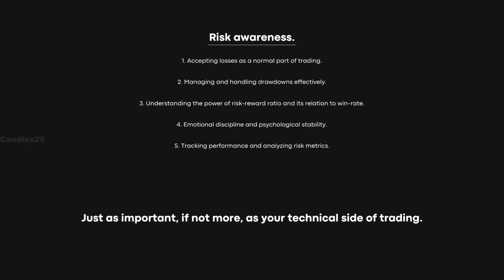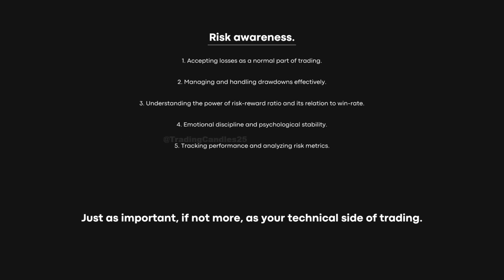The next thing is managing and handling drawdowns effectively. Now we know that drawdowns are unavoidable, they will happen. Whether it's a bad week, a few missed setups, or just market conditions not aligning with your system. The difference between a professional and an amateur isn't who avoids drawdown, it's who survives them. You need to ask yourself, can you keep your head straight when you are going through a rough patch or a losing streak?